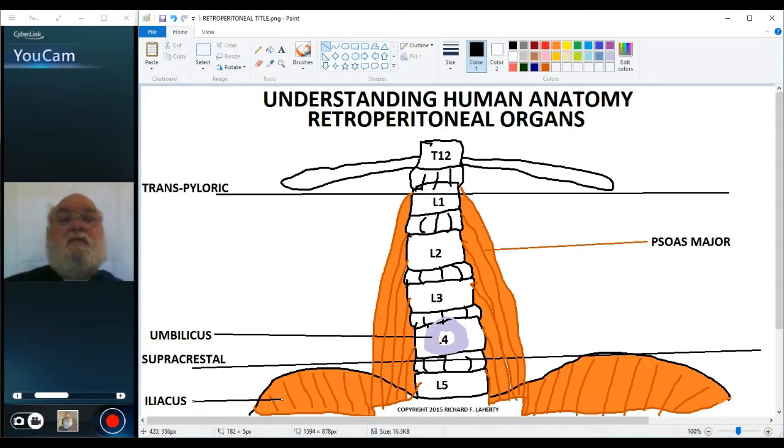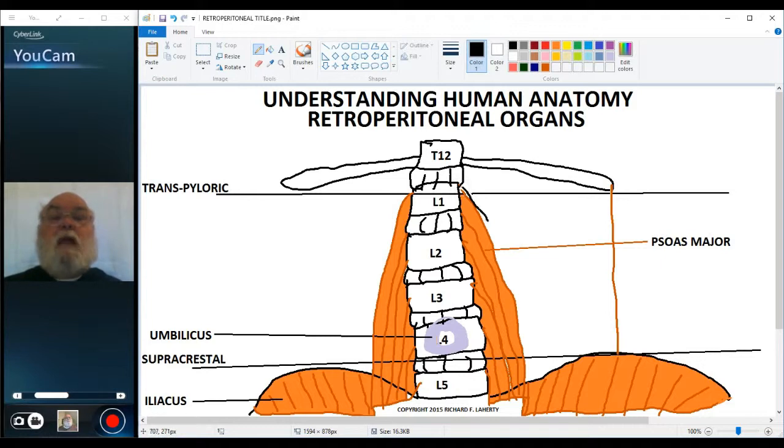Another muscle that we're going to find here is quadratus lumborum. Quadratus lumborum runs from the inferior border of the 12th rib straight down to the iliac crest. It's a kind of rectangular muscle.